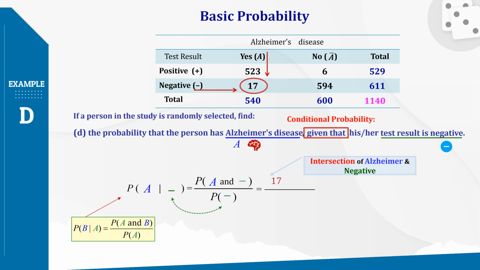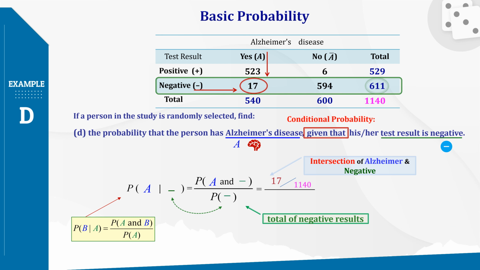Place a value on the numerator and a total of 1140 on the denominator. For the marginal probability of the negative result, find the total 611 out of the grand total of 1140. Cancel the common denominator 1140 from top and bottom to get the final answer approximately as 0.028.